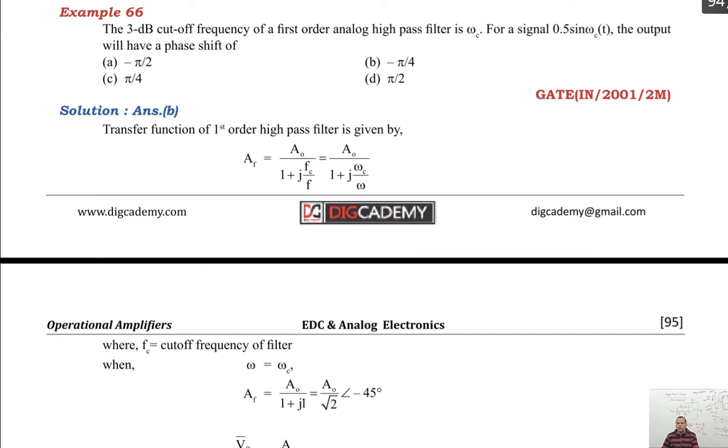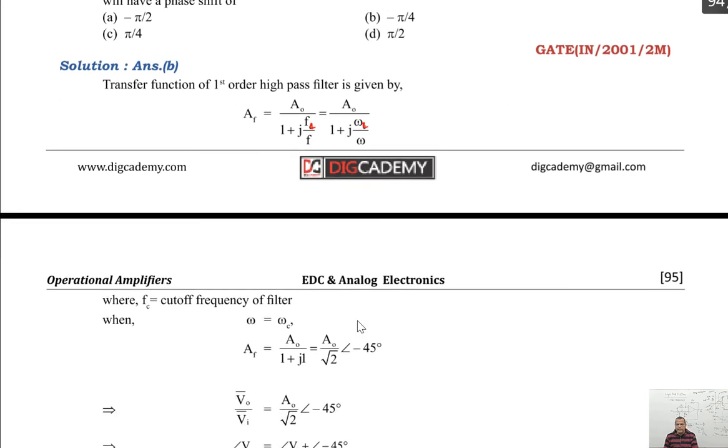So try to recall the transfer function of a high pass filter. This is the transfer function of the high pass filter, which is nothing but A naught by 1 plus j omega c by omega, where omega c was the cutoff frequency. In my mathematical expression I have used omega L. You can either use omega L or FL or FC. That's your choice, so symbolically that won't make any difference.